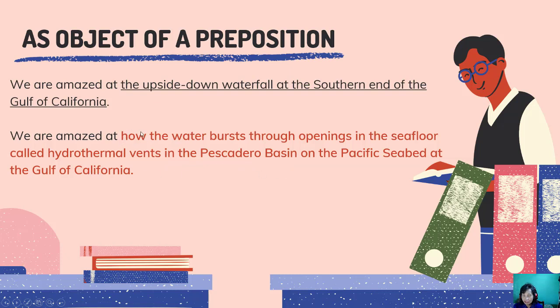This is the conjunction, this is the subject, and this is the predicate. It always contains conjunction, subject, and predicate. And remember that it is always in positive construction.